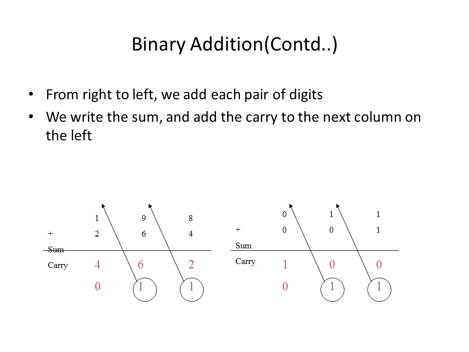Now there are two zeros, that means 0 plus 0 plus 1, so the sum is 1 and carry is 0. In this way, the first number is 1 1, that means 3, and the second number is 1 1, that means 3. 3 plus 3 is 6, and it is written here as 1 0 0. 1 0 0 means 4, the decimal equivalent of 1 0 0 is 4.